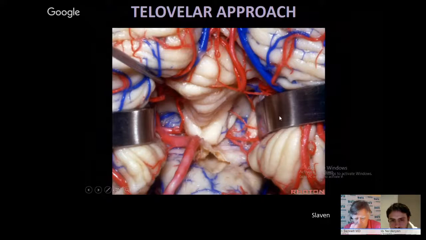So if you retract these parts of the tonsils here, next to the uvula of the vermis, you can provide a good exposure of this membrane. So this is the velum medullare, and this is the tela choroidea. This is the foramen of Magendie, which is the lowermost foramen of the fourth ventricle.